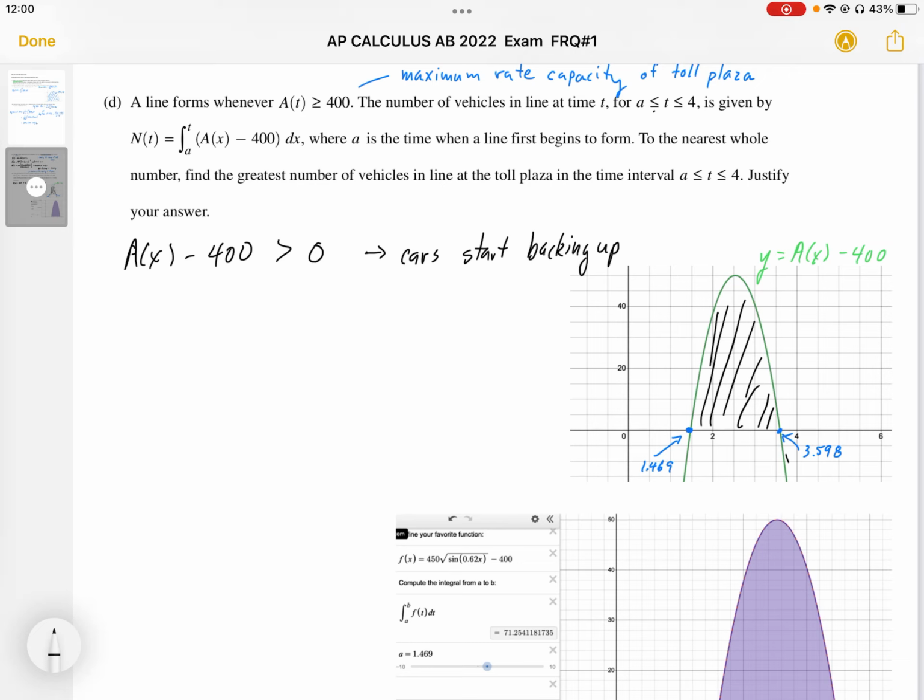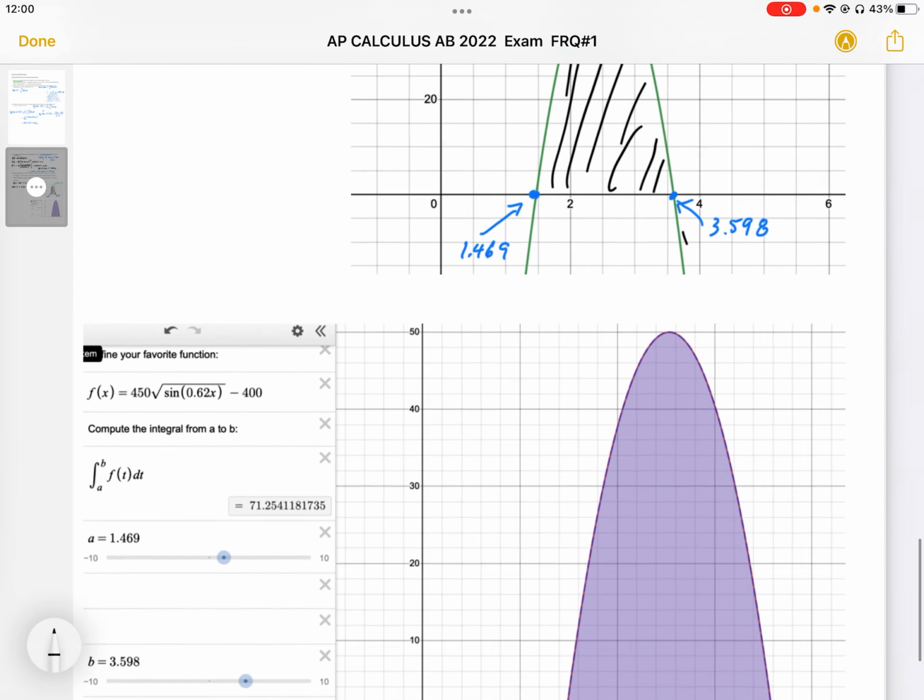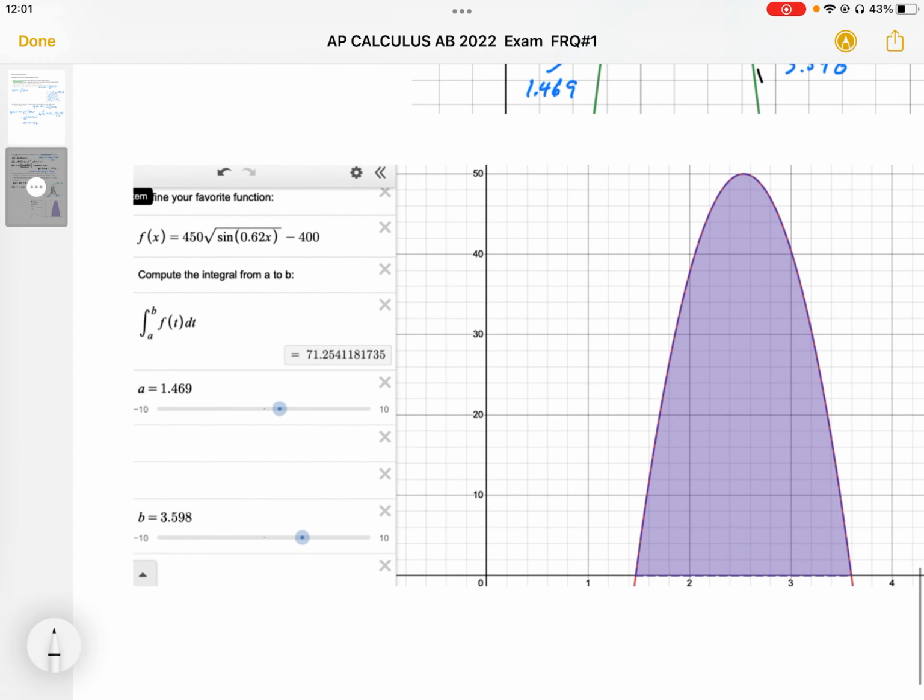Then between t equals 1.469 hours and t equals 3.598 hours, we know that we are getting the most cars backing up. When we integrate that, I've taken that same function and integrated it from those two bounds of 1.469 and 3.598.